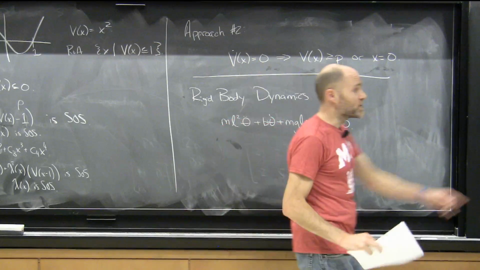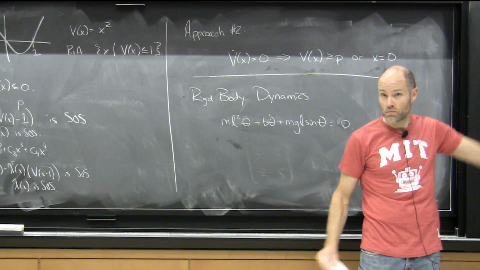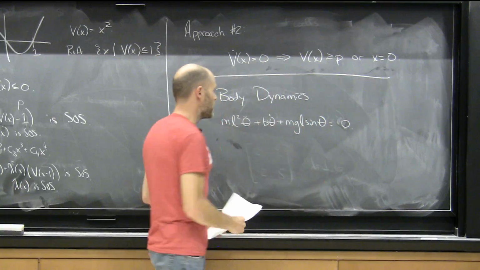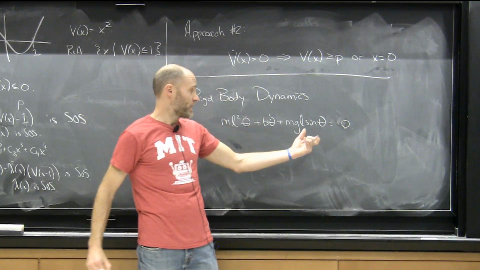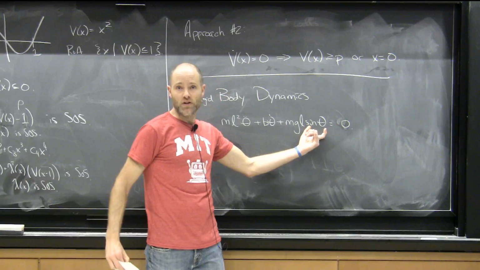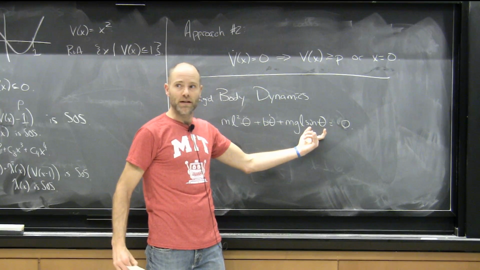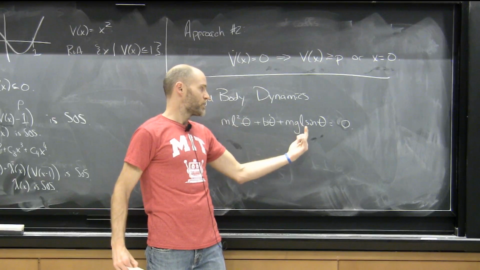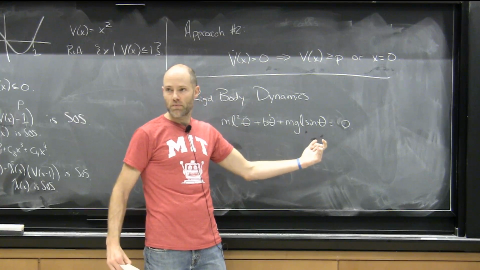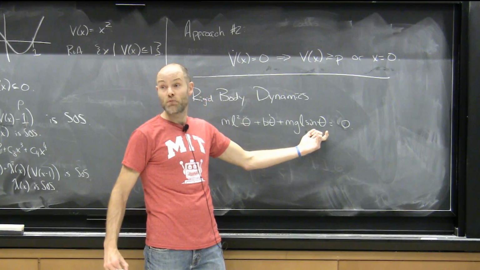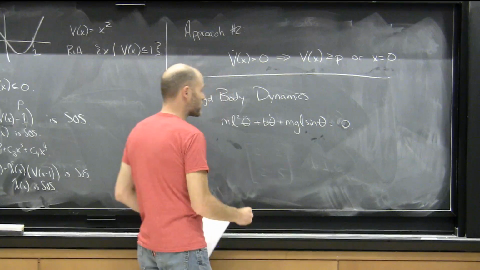Well, we're going to leverage this S procedure idea. There's something important about rigid body mechanics: I do get sines and cosines going around, but I only get sine theta, cosine theta. I never get, for instance, sine 2 theta or anything like this. It only appears in simple forms. So let me just make a new variable.